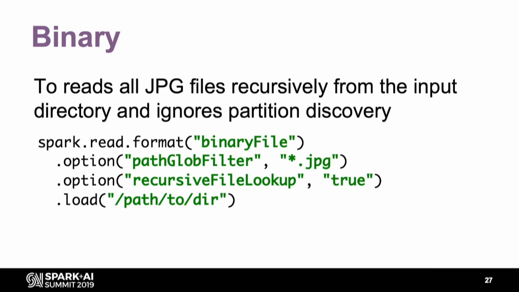It will check the directory to see if it's a partition. Otherwise, it will just read the files under the folder without going deeply into the subdirectories. So with this new option, recursive file lookup, it will read all the files, just like we are executing the find command in Unix or Linux.